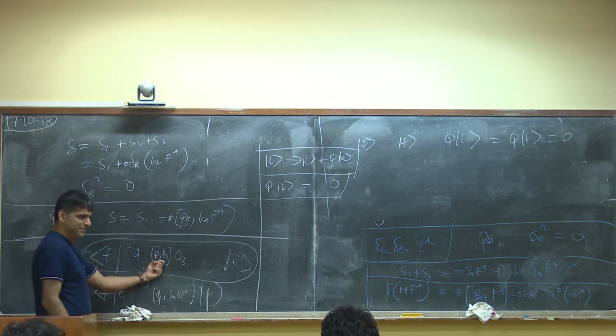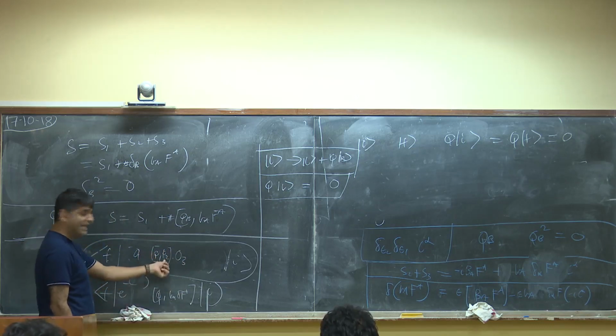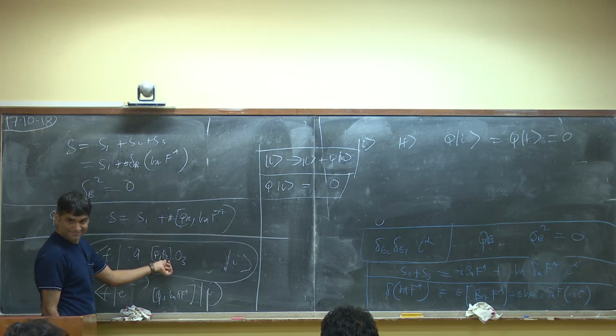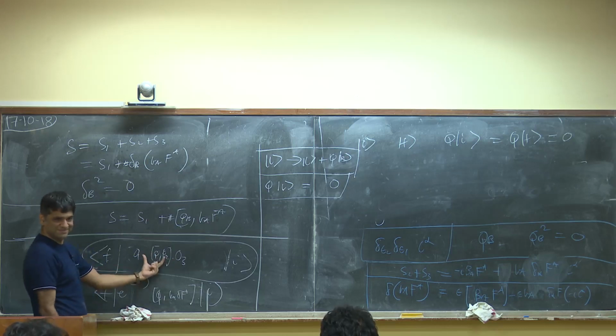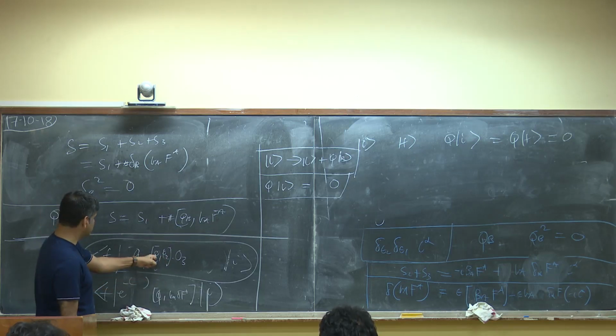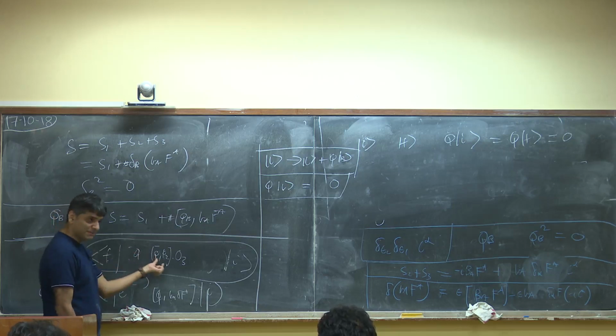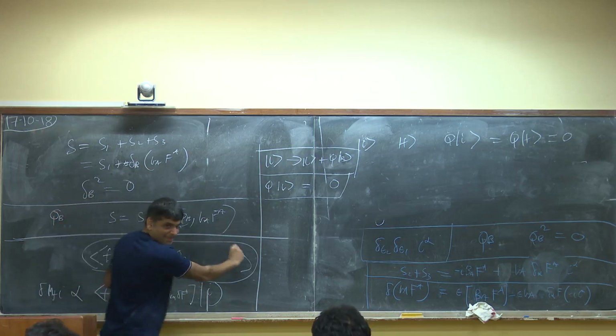Now this has two terms, one of which has the Q to the left. Phi 2 need not be BRST-closed; in fact it's not, otherwise this would be 0. But because Q is to the left, I can take it through here and kill the F. In the other term, Q is to the right, I take it through there and kill it.